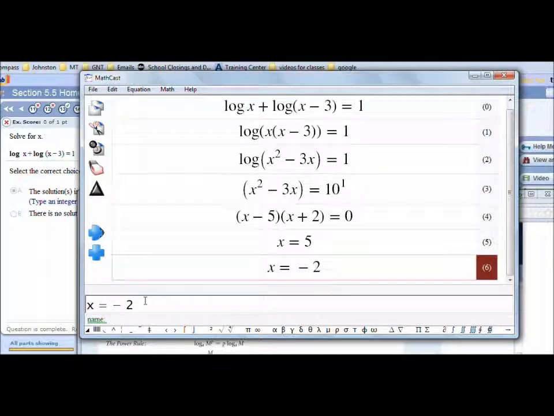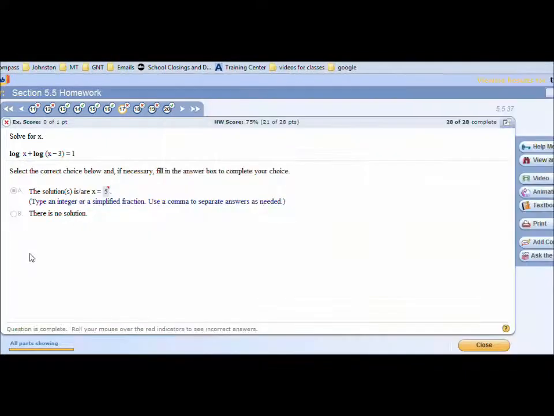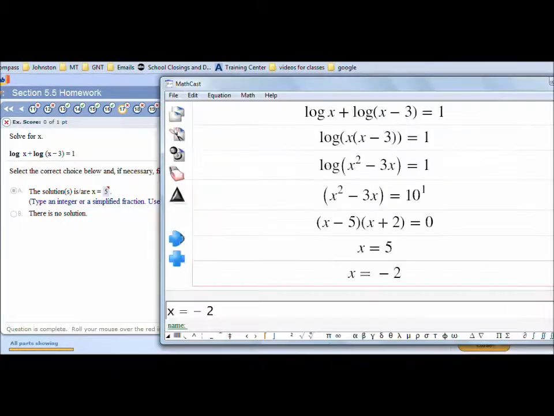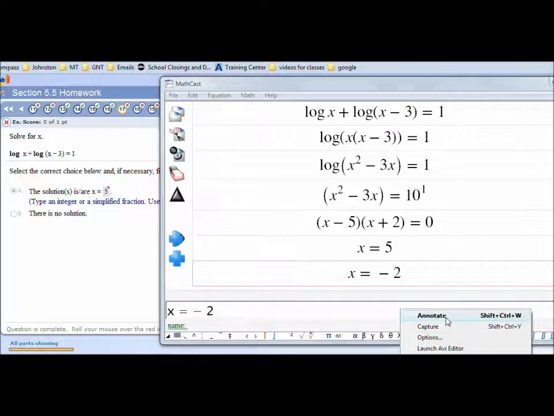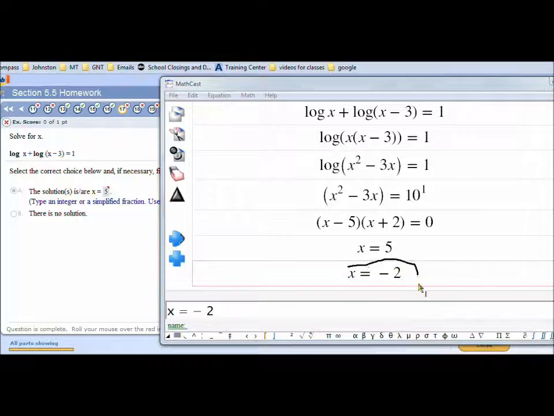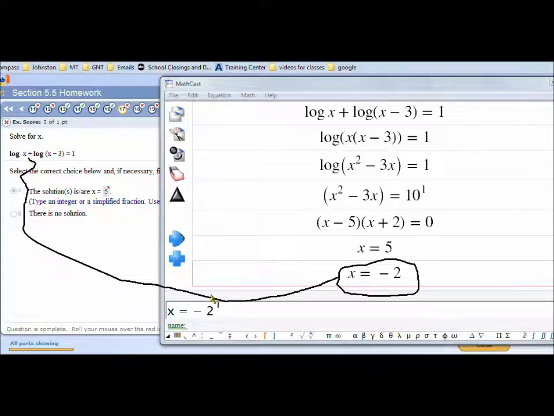Notice that over here, x equals 5. Well, what happened to that -2? Something did happen to it. And what happens is, when you substitute this -2 back into the original equation, which you have to do with these problems, when you substitute this back into the original equation, which goes into right there, and also goes into right here, you end up with log of -2, log of -5.